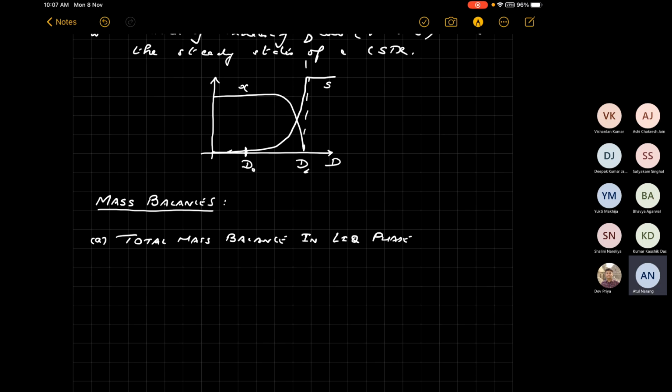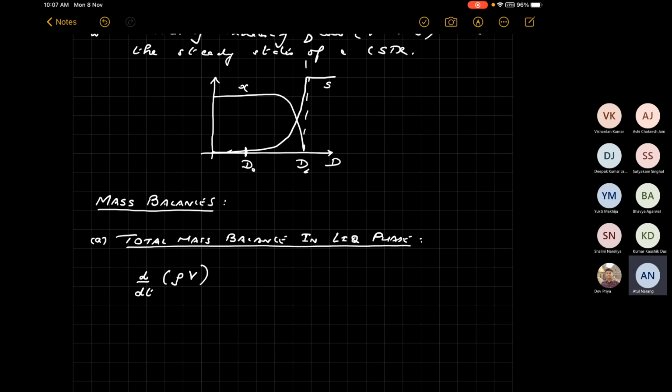So basically, let rho be the density of the material that is inside the reactor, and V be the volume of the liquid phase in the reactor. So rho multiplied by V is the total mass of the liquid phase that is inside the reactor, and we want to see its rate of change.